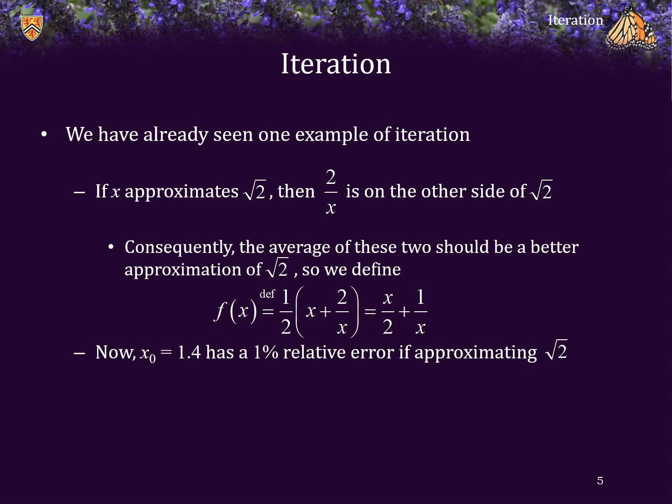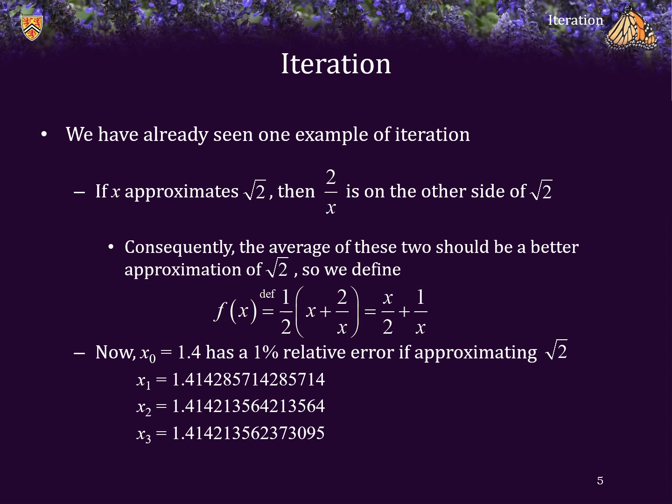Now, if our initial approximation to the square root of 2 is x naught equaling 1.4, well, 1.4 has a 1% relative error in approximating the square root of 2. Well, applying this function f, we already seem to have a better approximation, 1.14. And if we now apply f to x1 to give us x2, we get an even better approximation.